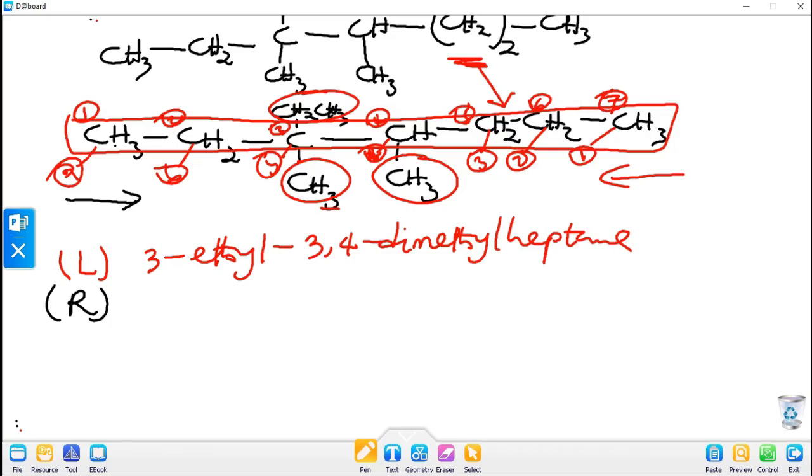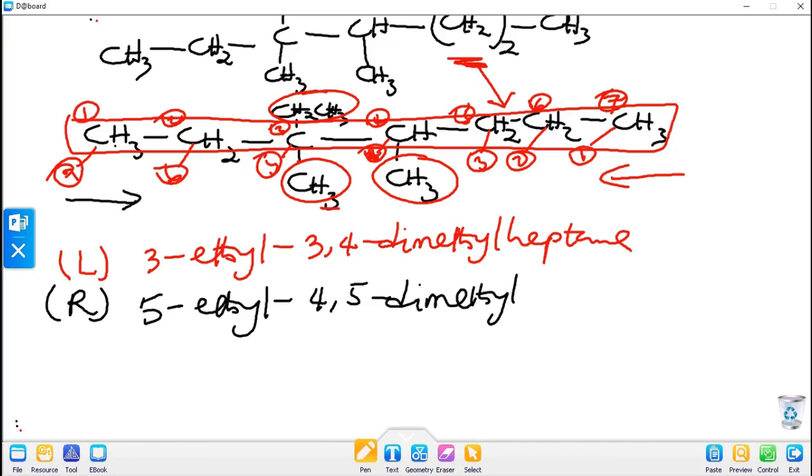So what it simply implies is that this is going to be 5-ethyl, 4,5-dimethyl heptane. Why is this so?